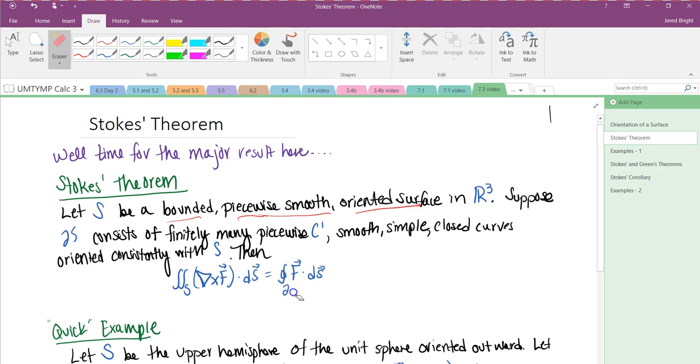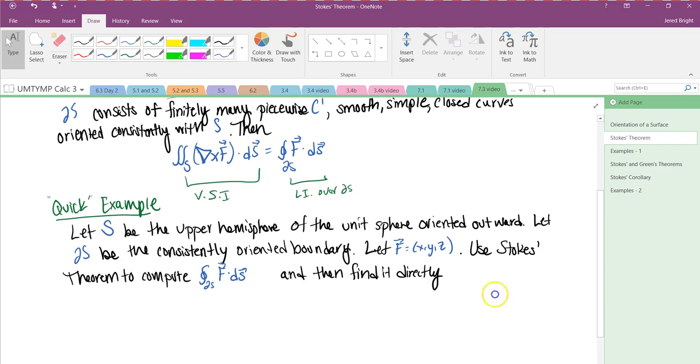In essence, this right here is your vector surface integral, and this is just a line integral over the boundary. So that's interesting, at least the form looks similar. Anyway, we'll talk about that later.